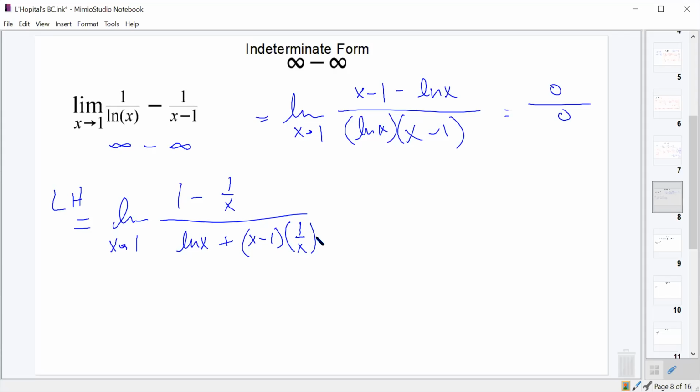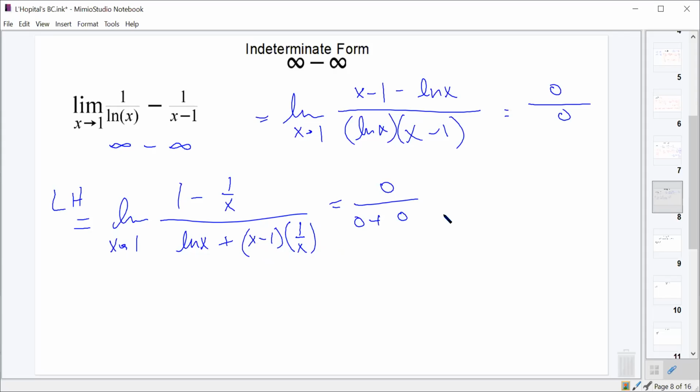All right, let's plug in our values and see what we get. We got 1 minus 1, bummer, that's 0. And then down in the denominator, we've got natural log of 1, which is 0, plus, what does this become? This becomes 0 times 1, 0. Bummer.